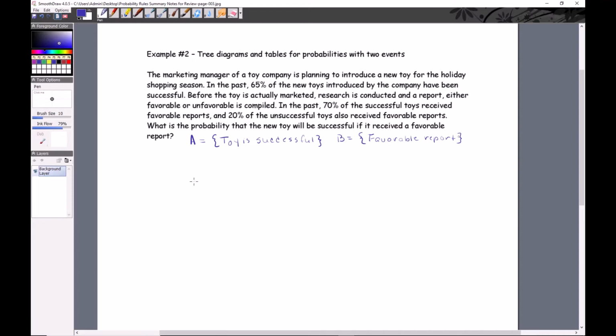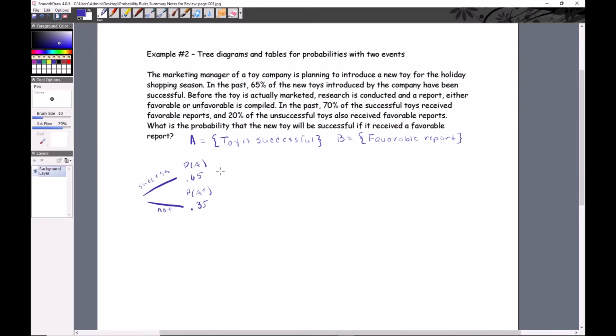You can start wherever you want, but let's go ahead and make a split here. This will be success for the toy at the holidays, or not. This is the probability of A, which is given to us as 0.65. Since a toy is either successful or it isn't, this is the probability of A complement. That has to be 0.35, because the two have to add up to 1.